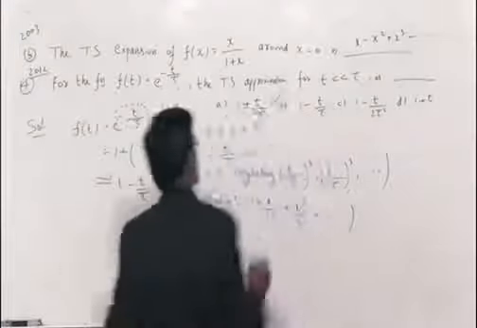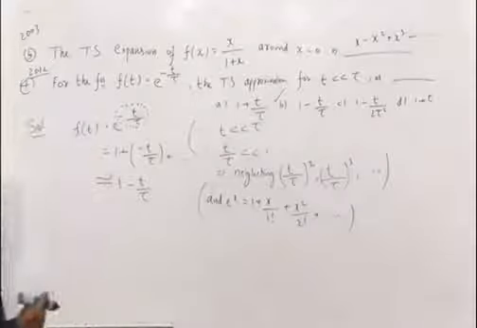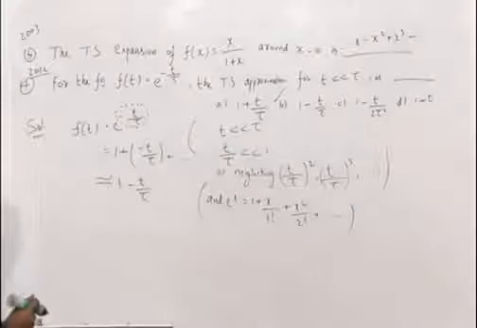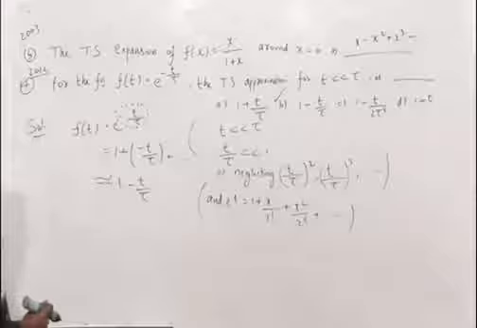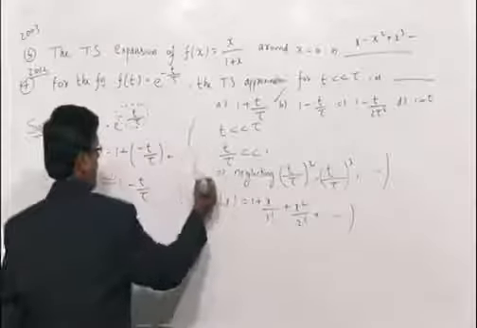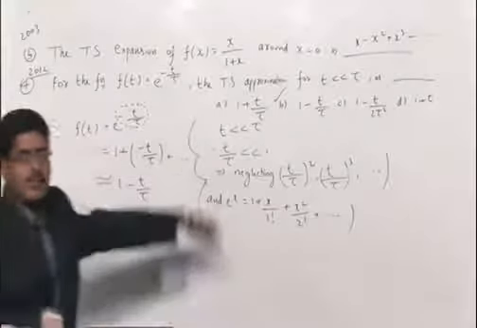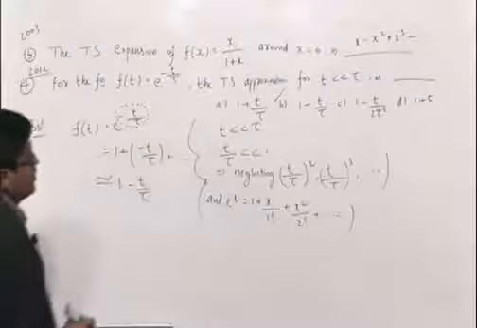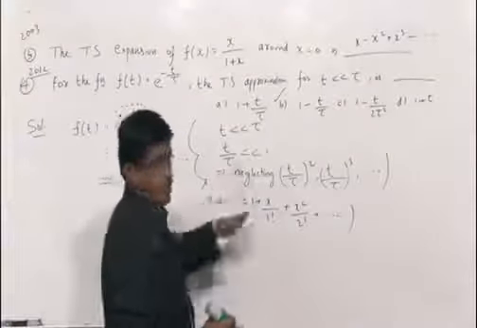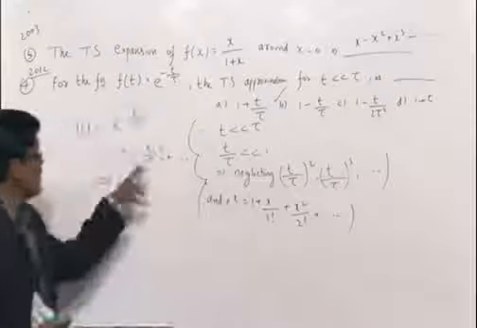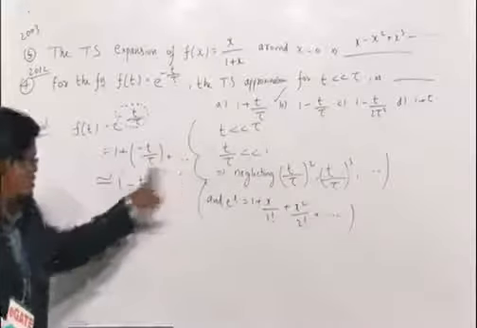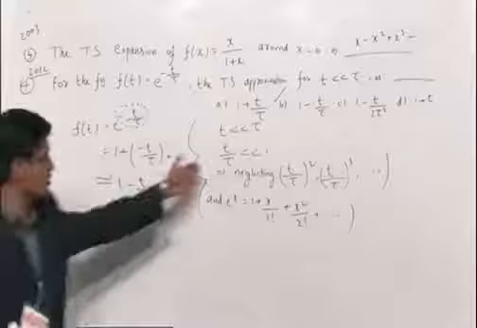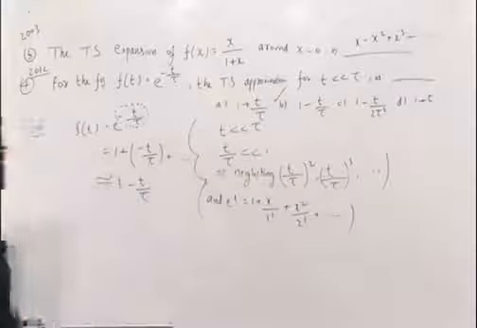So the answer is option B. That is the reason. Easy to understand. Take care about these reasons, and then I have written only one step and then put etc. This is approximately equal to 1 minus t by tau because of neglecting squares and cubes.